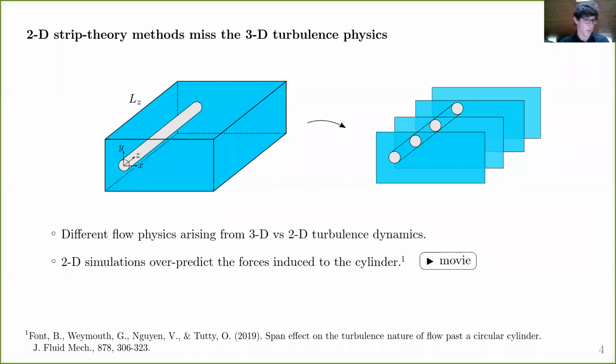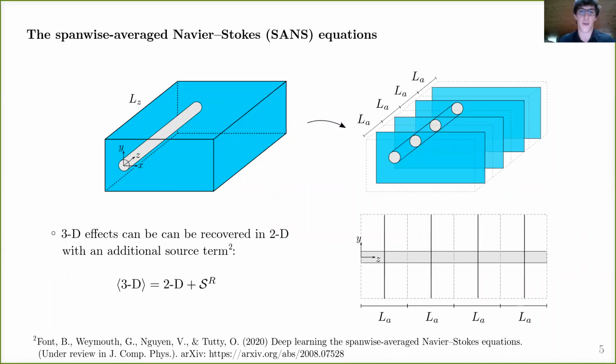So to add these 3D effects that add some dissipation mechanism to our 2D Navier-Stokes equations, we have considered local spanwise averages of the flow. And we call this method the spanwise average Navier-Stokes equations. Differently from the standard strip theory method, every strip that we have here represents the local flow average.